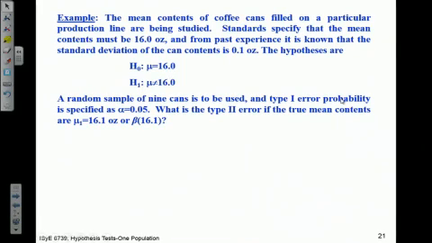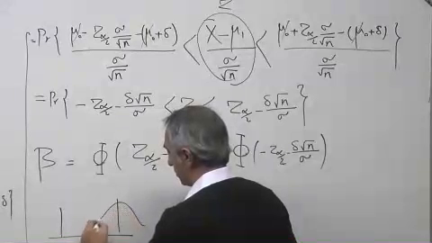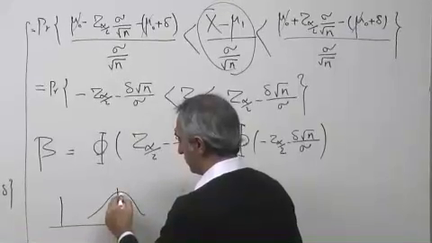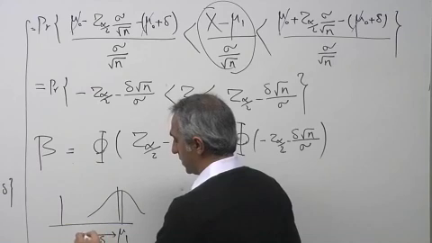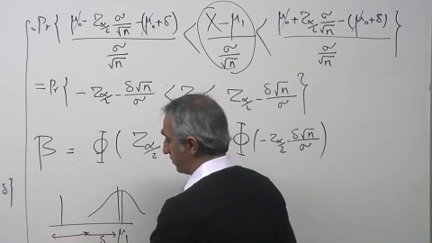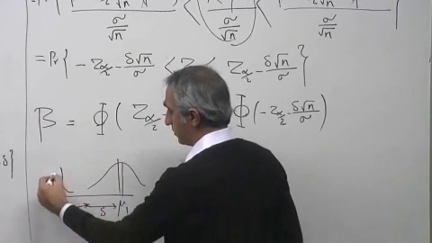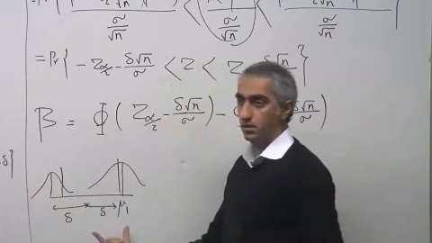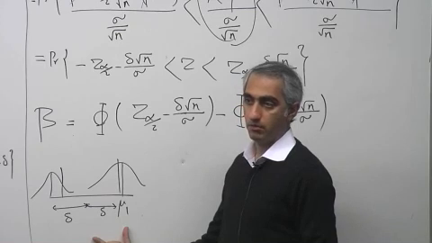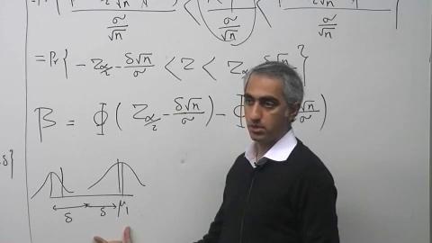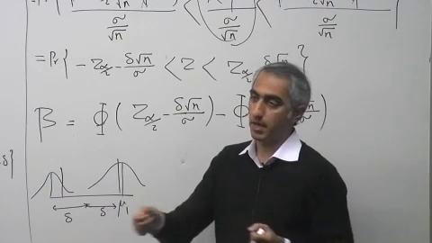Oh, by the way, before you work on that, if you have a positive shift or a negative shift, the beta doesn't change because of the symmetry of normal distribution. So the direction doesn't really matter.